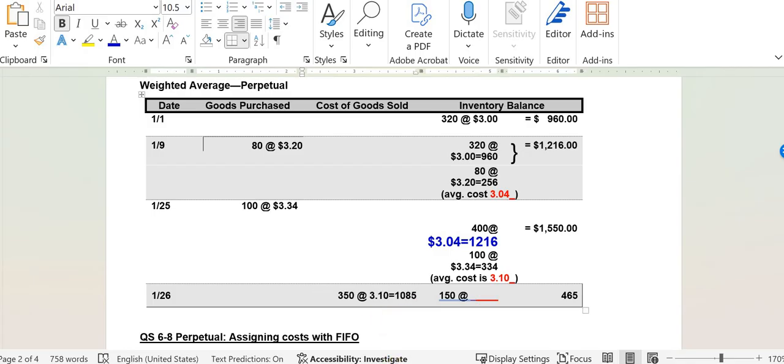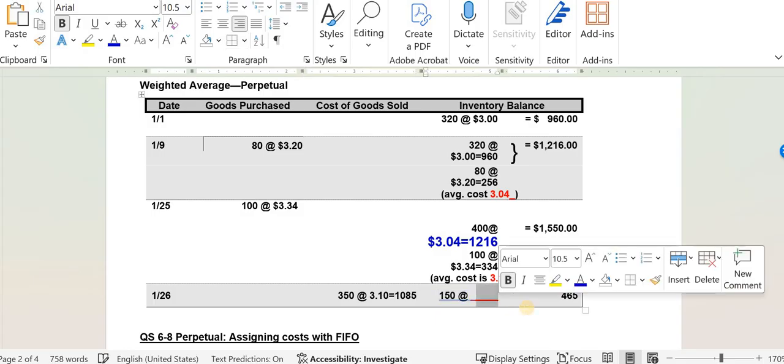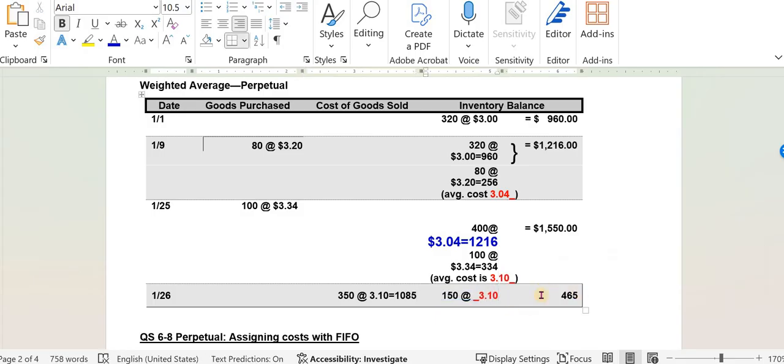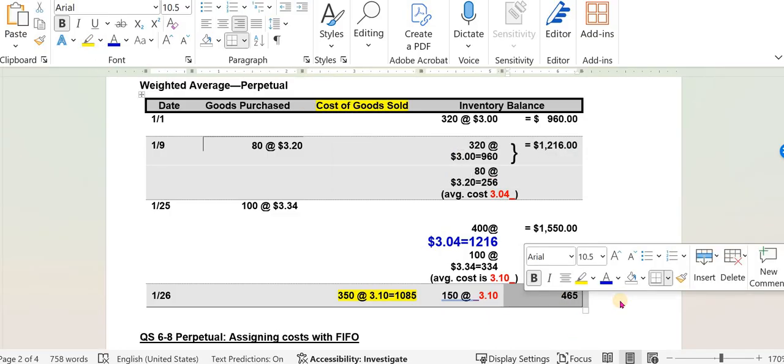What's the value of my inventory? It's 150 units at $3.10, also known as $465. So here's cost of goods sold. Here's my ending inventory. Okay, so that's inventory three ways.